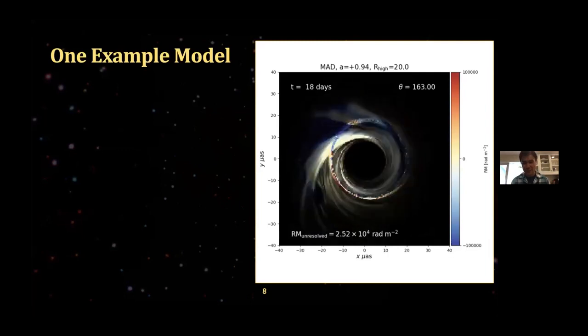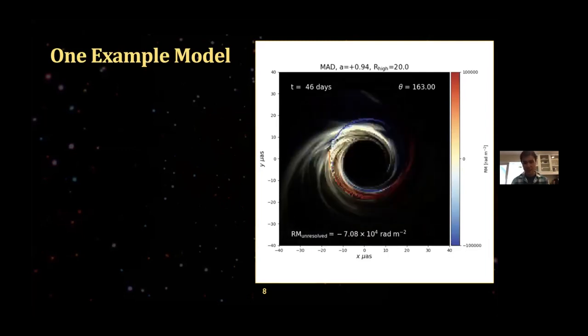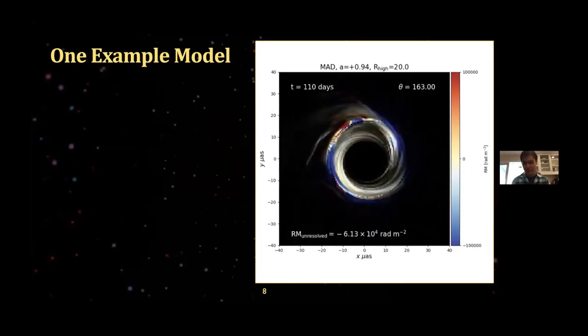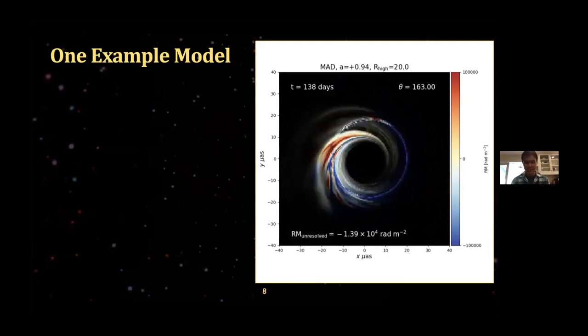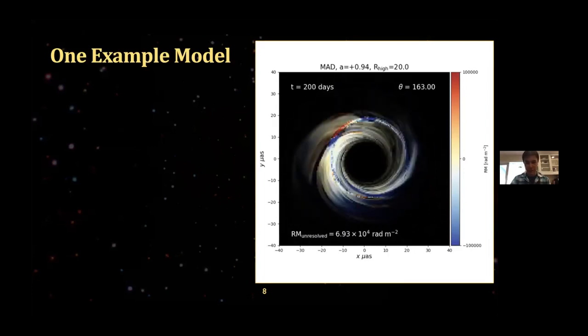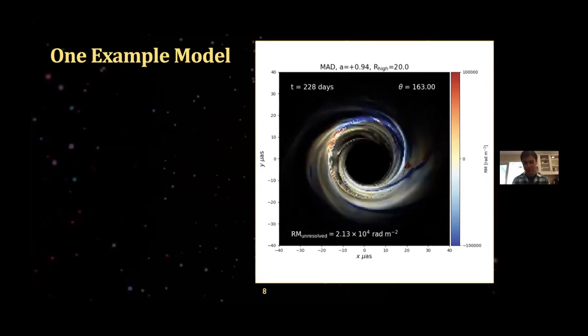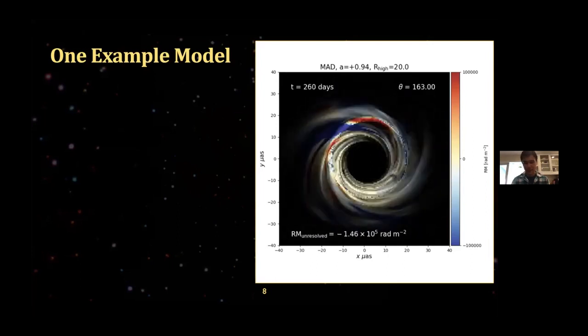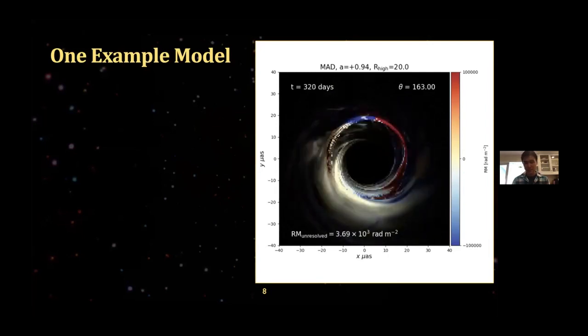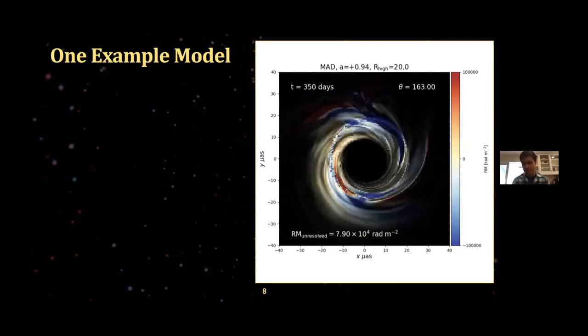And so as we move forward in time, where time in days is shown on the top left, you can see significant time variability. This accretion flow is exhibiting a rotation measure, on the bottom, if it were unresolved, that's varying dramatically by orders of magnitude on timescales of just a few days, and also changing sign.